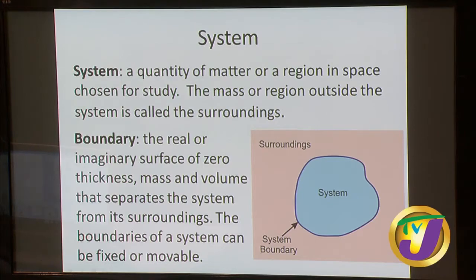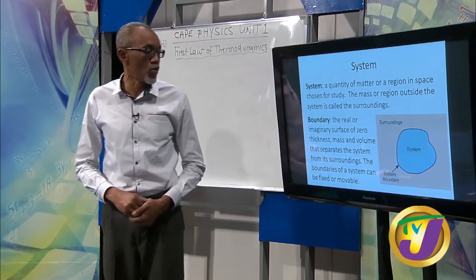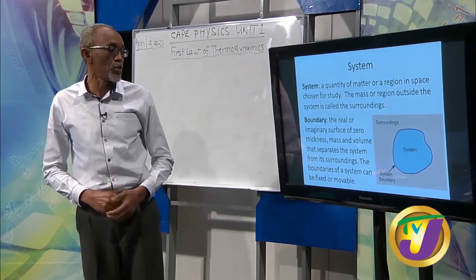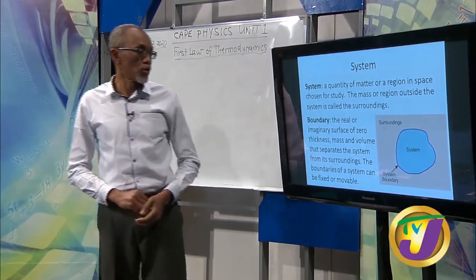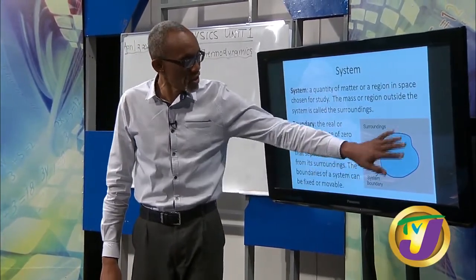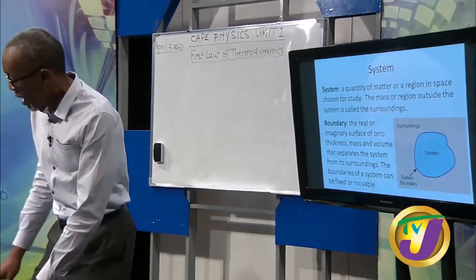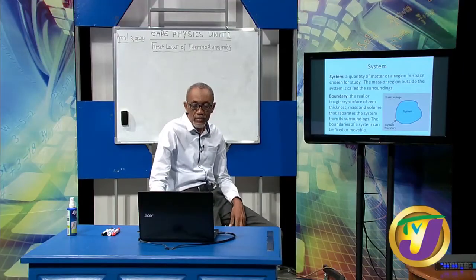And the boundary is the real or imaginary surface of zero thickness, mass, and volume that separates the system from its surroundings. The boundaries of a system can be fixed or movable. So we have the system enclosed, and the boundary separates the system and the surroundings.